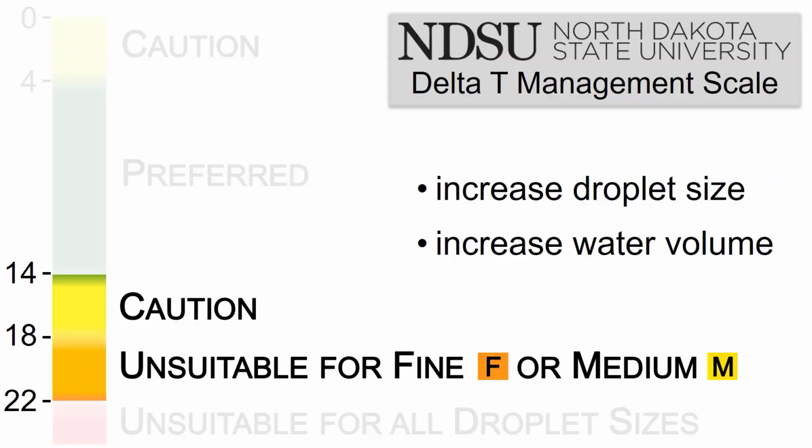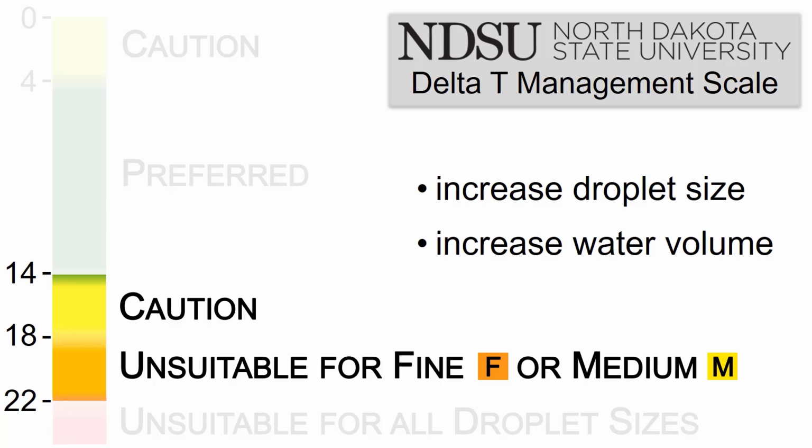What can you do in response? Your main activities to counteract these high evaporation conditions are to use bigger droplets and higher water volumes. From a delta T of about 14 to 22, these are the actions you can take. But understand that if your delta T is between 18 and 22, it's recommended that you do not use any fine or medium spray qualities, that you would only use a coarse or larger droplet size or spray quality.